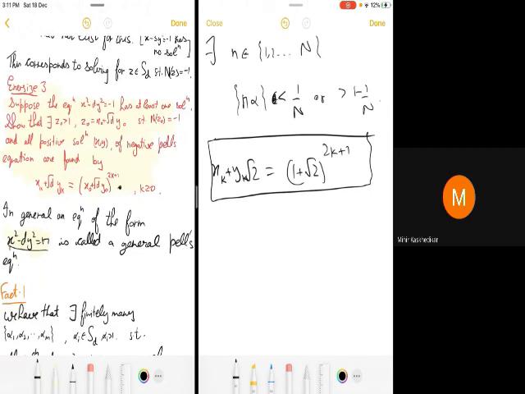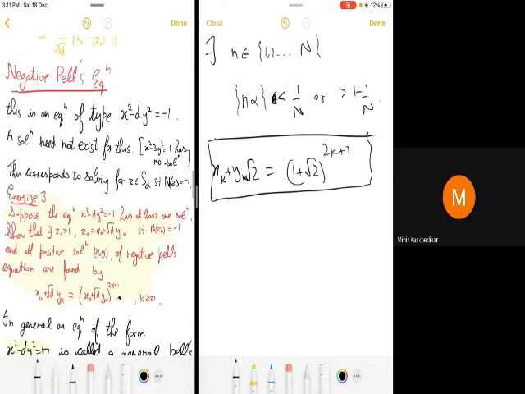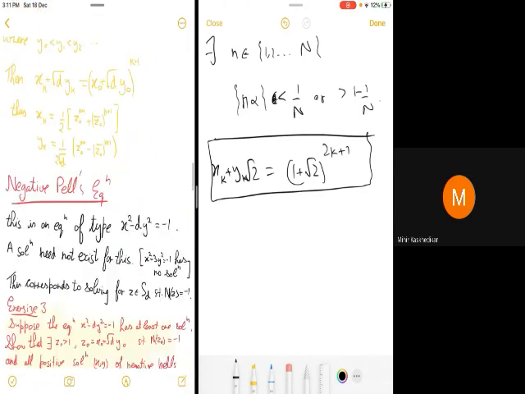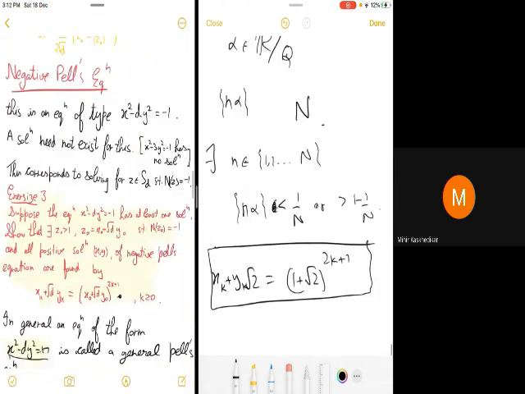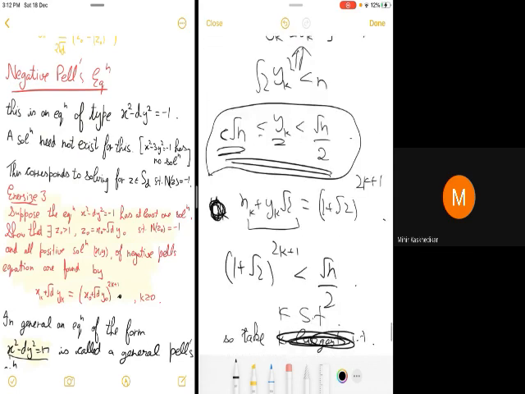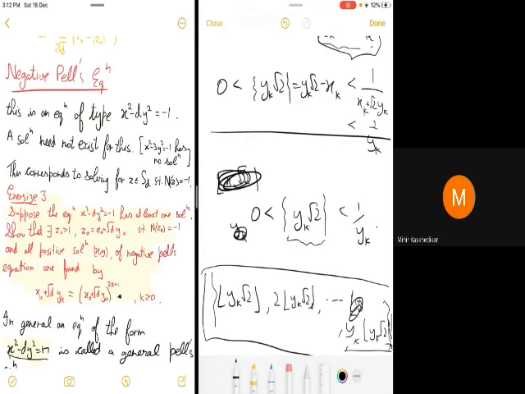Can you scroll up to the part where you started with the definition of yk in this problem? Can you scroll up to the right part? Ah, yeah, that's fine.